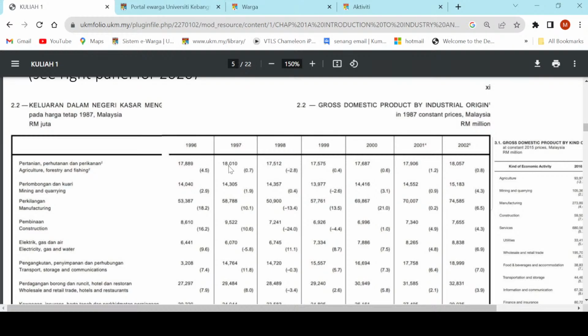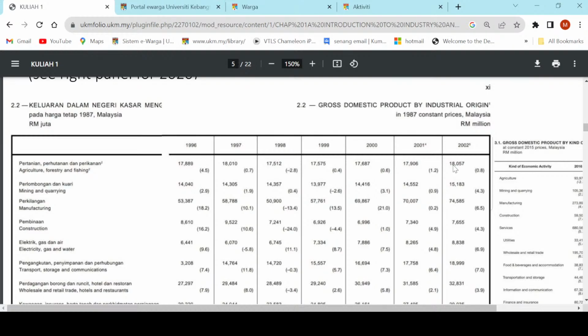No, cannot, should not, must not, because in that current price there are elements of prices distorted by inflation. Inflation makes the number bigger than it should be. That's why we must turn it into constant price.